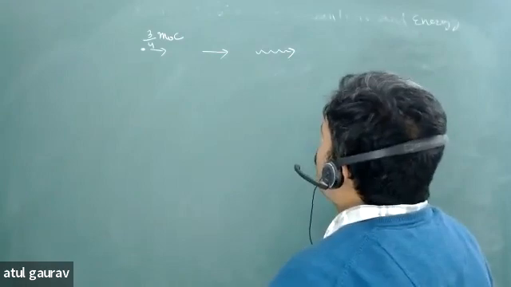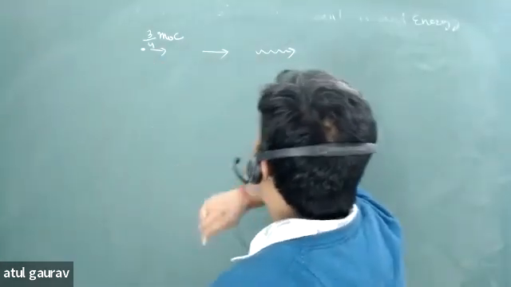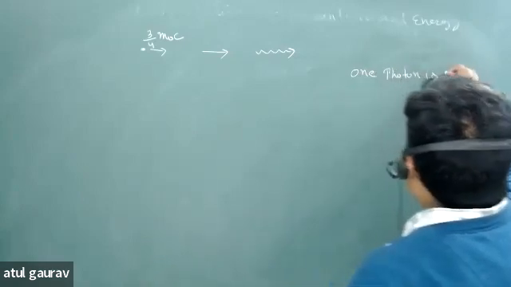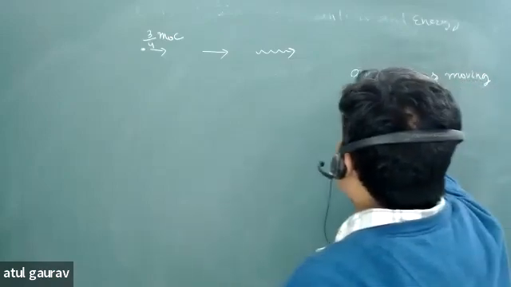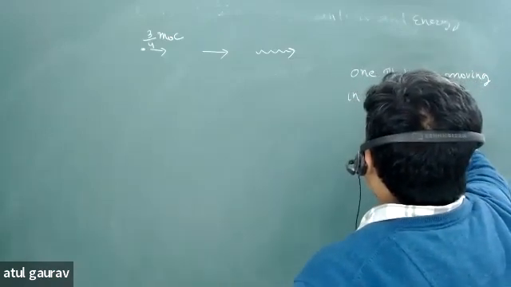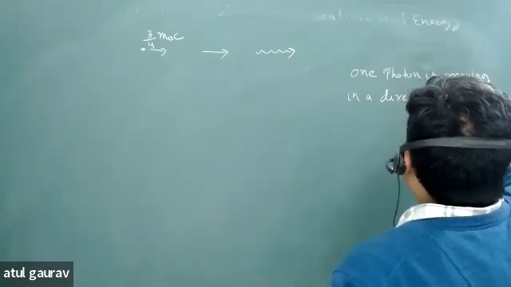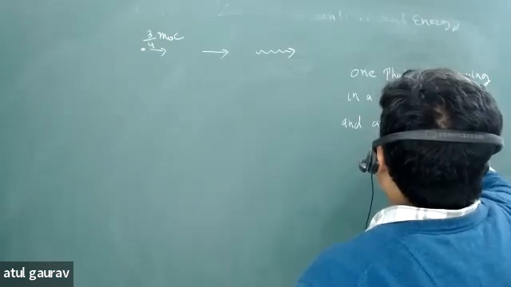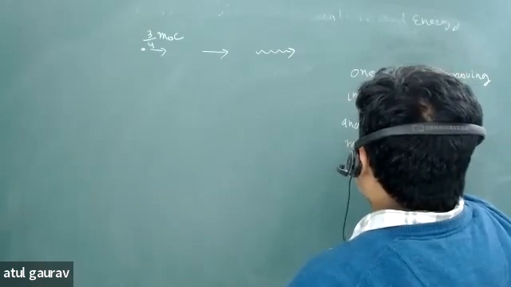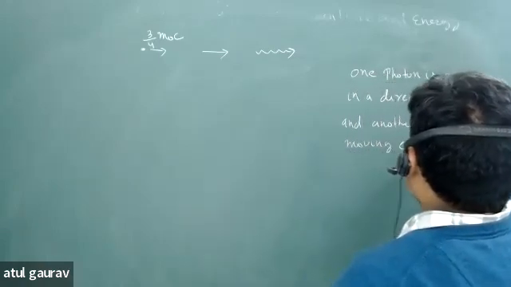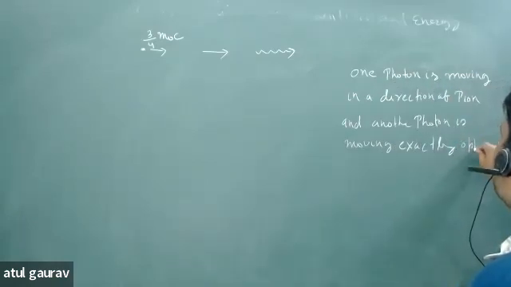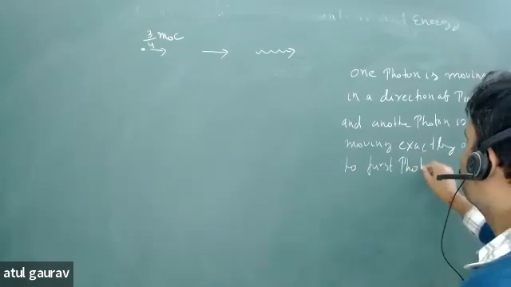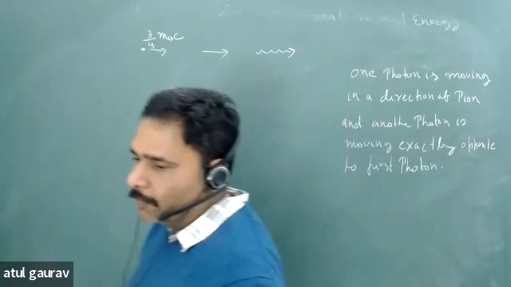One photon is moving in the direction of the pion, and another photon is moving exactly opposite to the first photon.